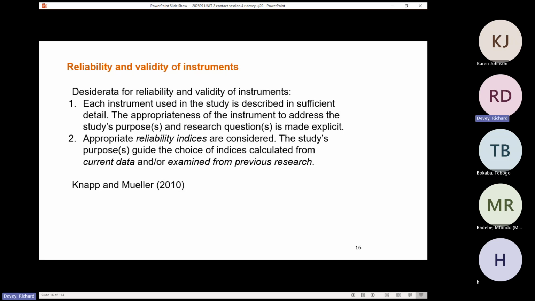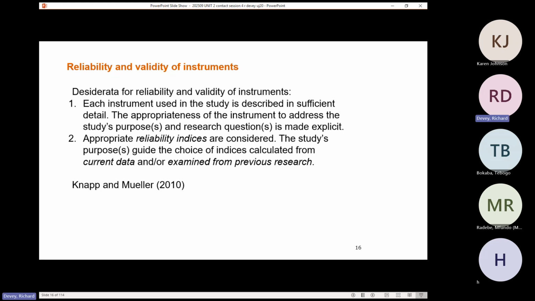The desiderata they mention is that if you're using a measurement instrument, you must describe it in sufficient detail. The instrument must also be appropriate for the study and the research question, so you need to make the link between why you're using the instrument and why it's appropriate for the research that you're doing.